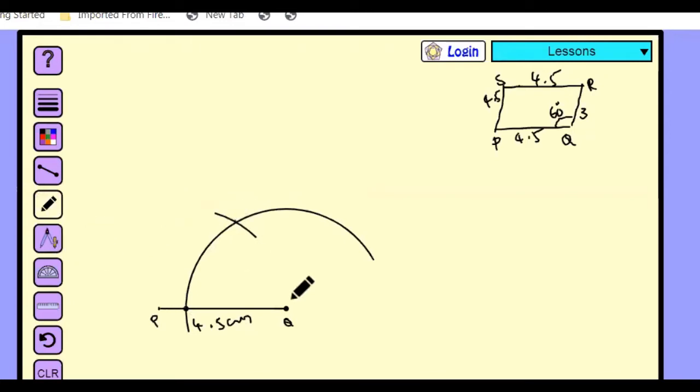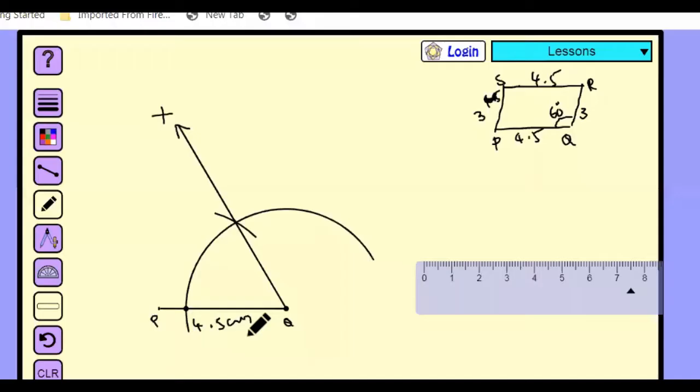Now take the ruler and draw a ray QX through the 60 degrees point. You should take more length. Now you should mark the ray QX. Now we are locating the point R on this ray QX.